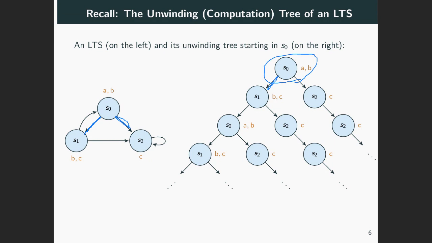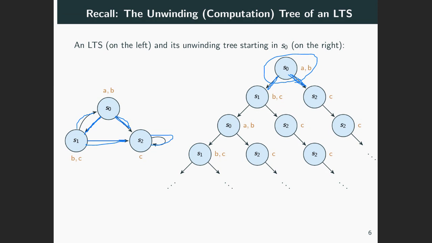We have two transitions from the root S0, one to a state that corresponds to S1, and one to a state that corresponds to S2. Then we see in the LTS on the left that S1 can transit to S0 and S2, and S2 can only transit to itself. And again, this is reflected in the tree.